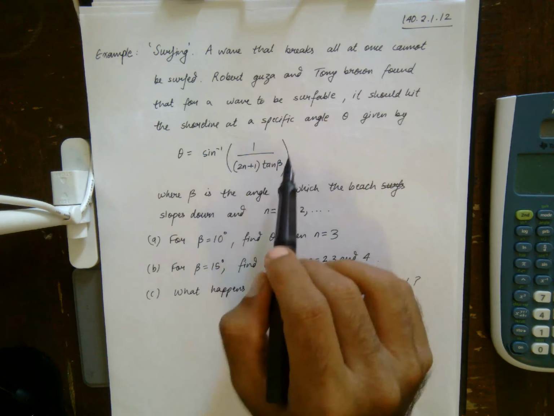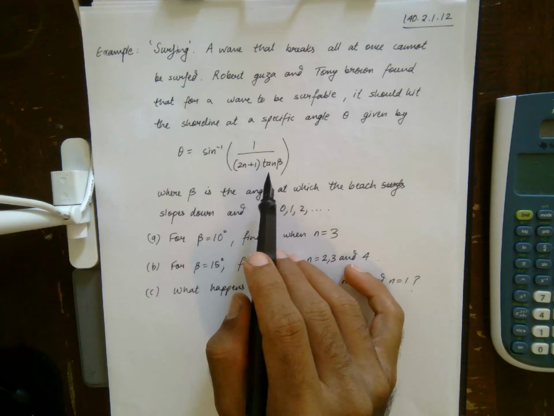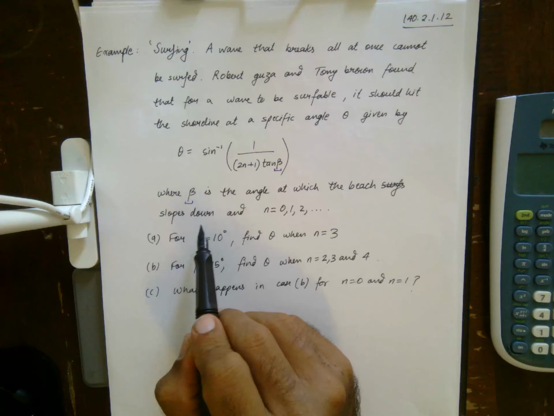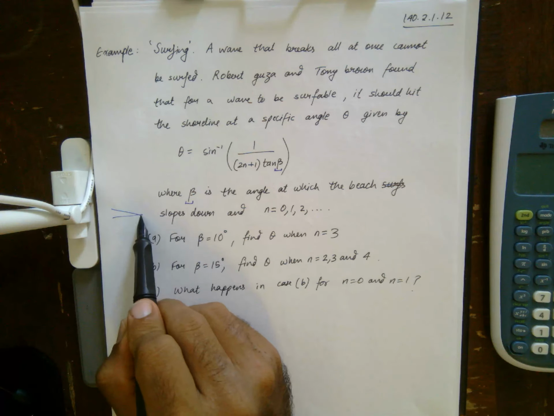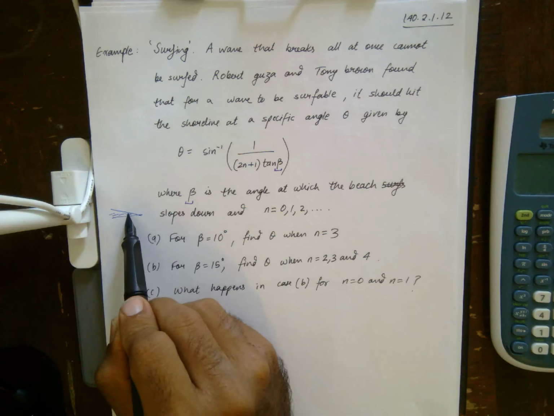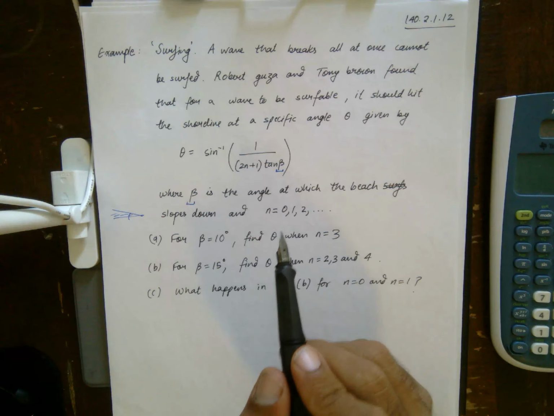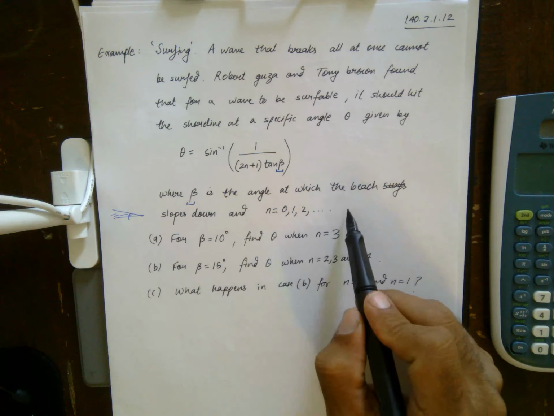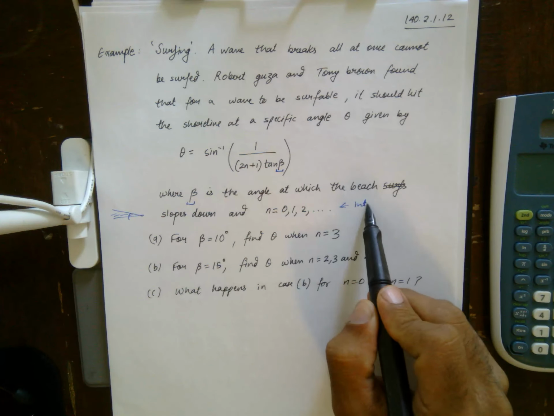Now don't worry about what these things mean, they are defined. Beta is the angle at which the beach slopes down. So for any beach, you have this angle that it slopes down. And n takes values like 0, 1, 2, 3, basically integer values.